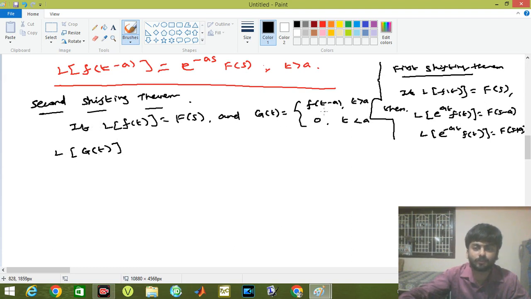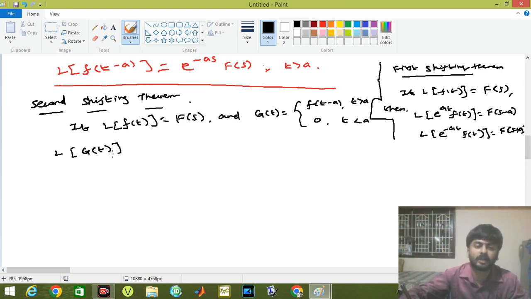G of t will have the value f of t minus a if the t value is greater than a. Where can you find a? You can find a here, the term which is getting subtracted from t.